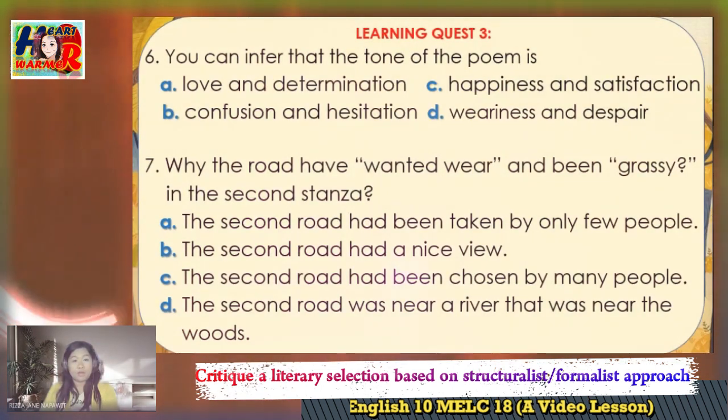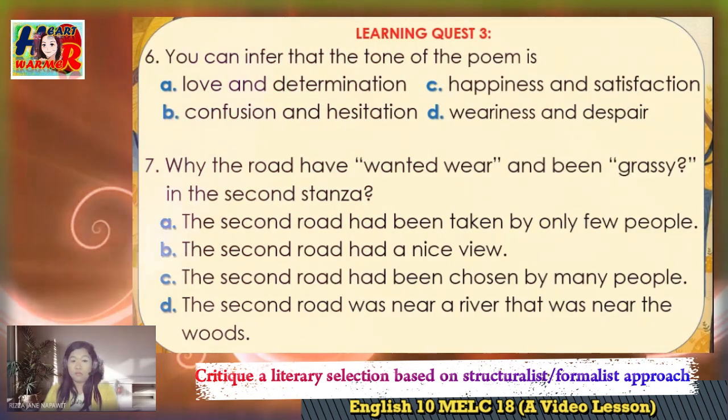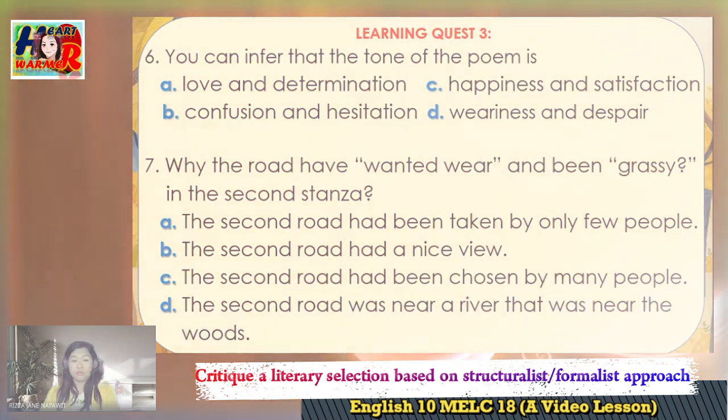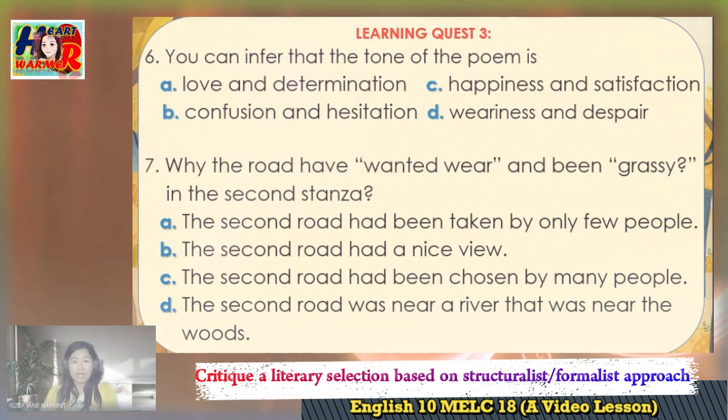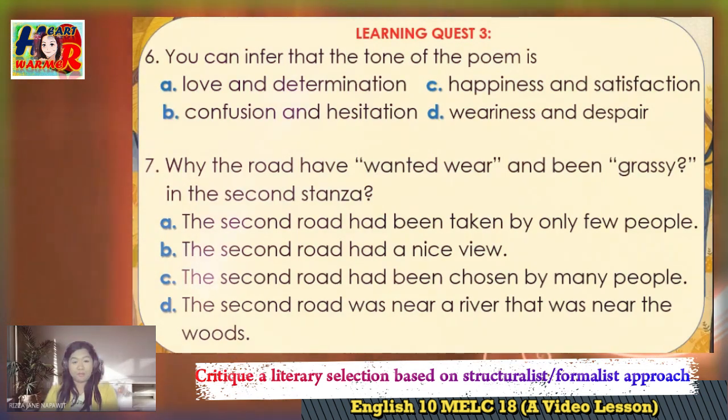You can infer that the tone of the poem is A, love and determination, B, confusion and hesitation, C, happiness and satisfaction, D, weariness and despair?